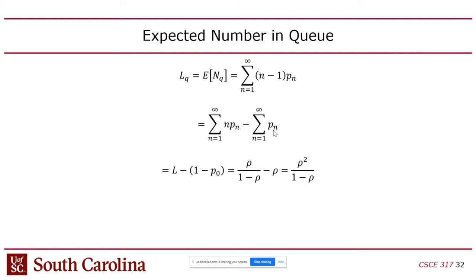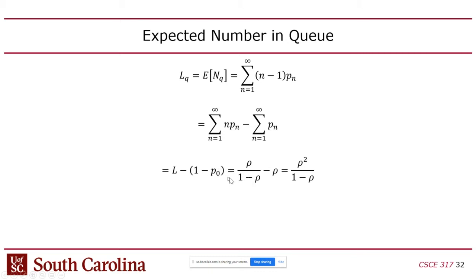We know all the probabilities add to 1, so 1 minus P0 is equivalent to summing the probabilities from P sub 1 to P sub infinity. That's pretty simple, and we already know what P sub 0 is. We calculated that.